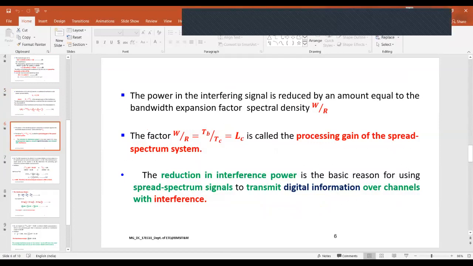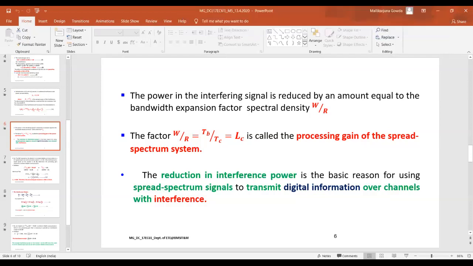So that one only is written here. See, W by R, which is equal to, as I said, R is 1 by T_B and W is 1 by T_C. So I can write it as T_B by T_C. So T_B by T_C is nothing but L_C, which is known as the processing gain of the spread spectrum system. So if I know what is the bit duration and what is the chip interval duration, I will be able to say what is the processing gain of the spread spectrum system.